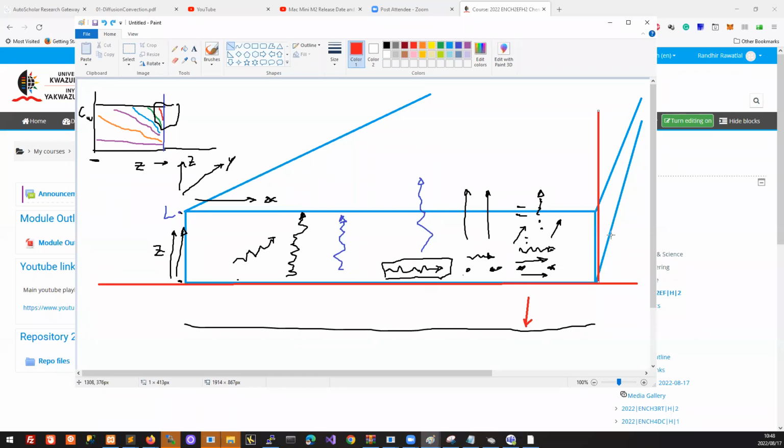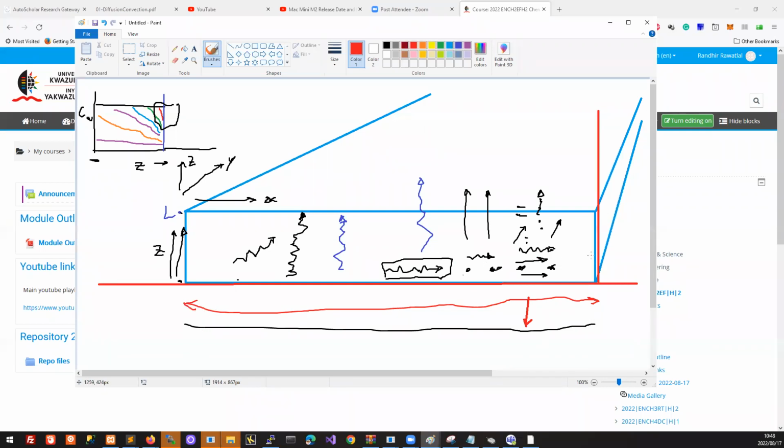So that's what we call end effects. Near the ends, we expect there will be some differences. But if this distance is great enough, then we can say the end effects are small.